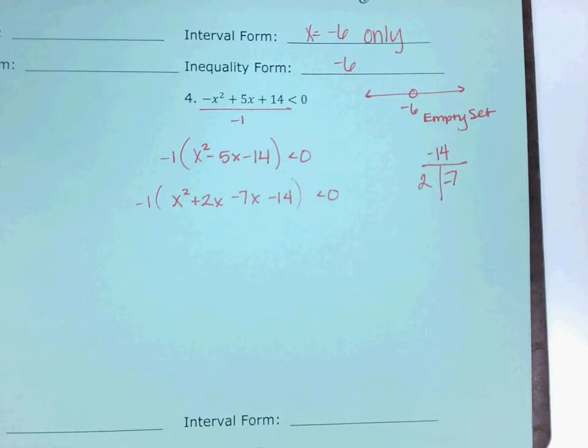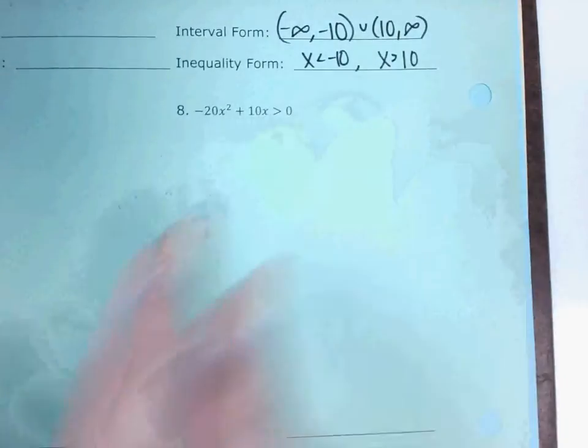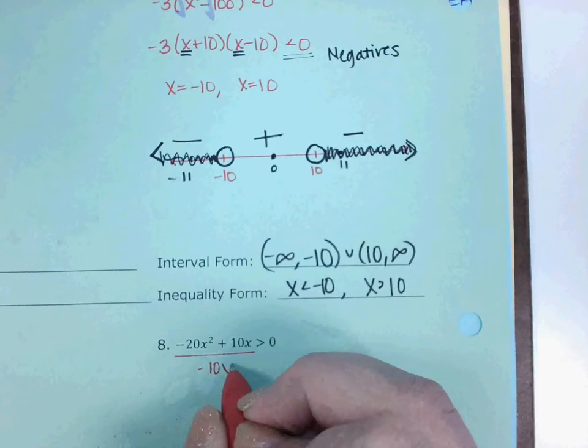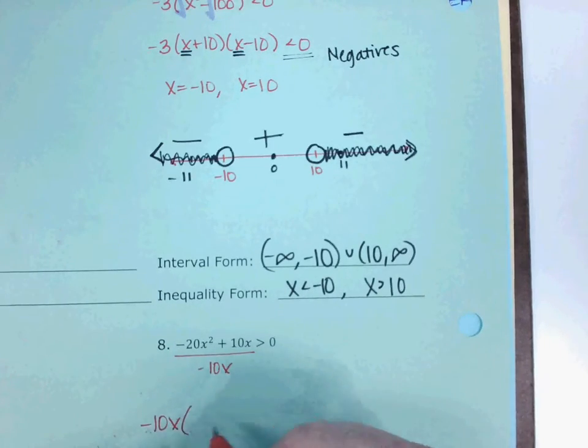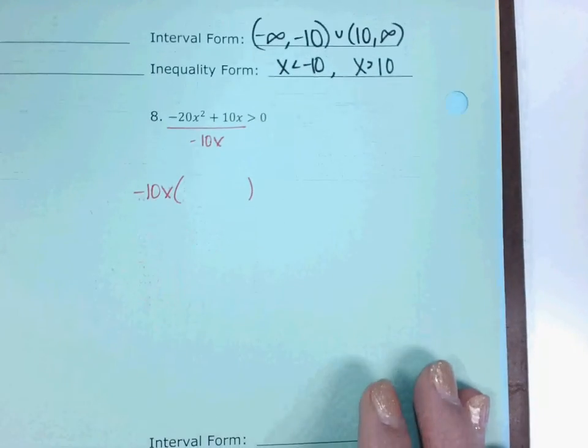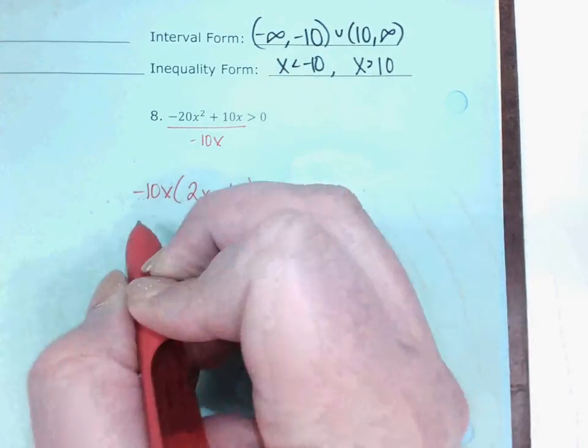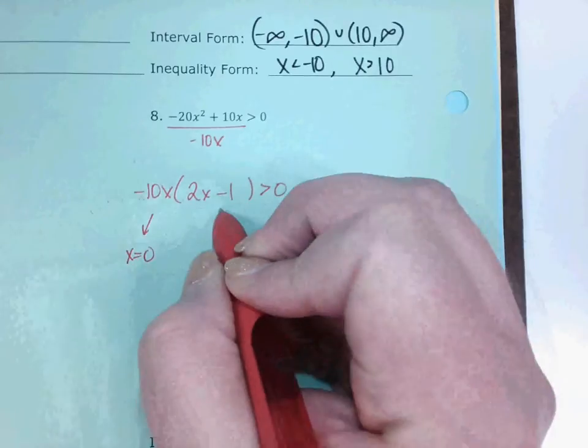What number is that? Number 8. So you took out a negative 10x, right? And then what was left over, Amaya? Okay, 2x minus 1. And then after that, you get x equals 0, x equals 1/2, good.